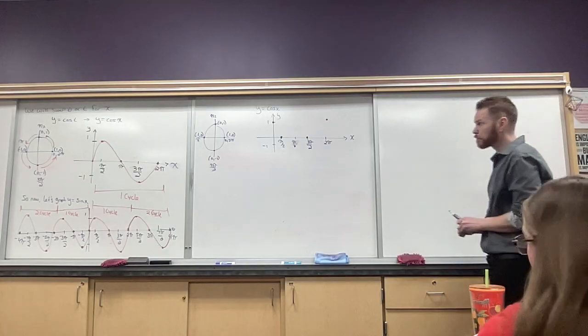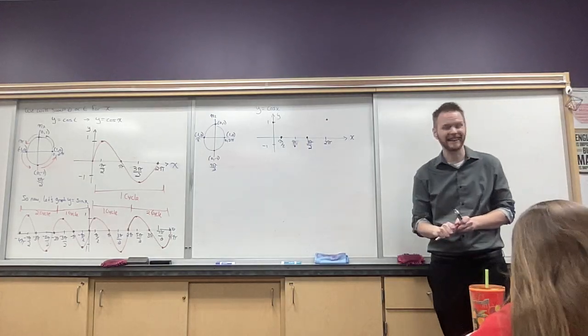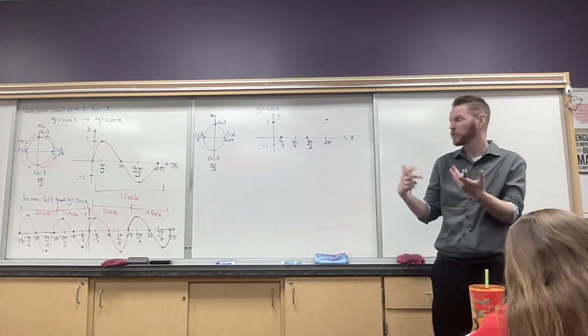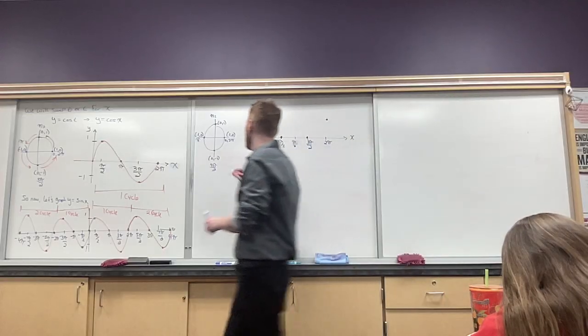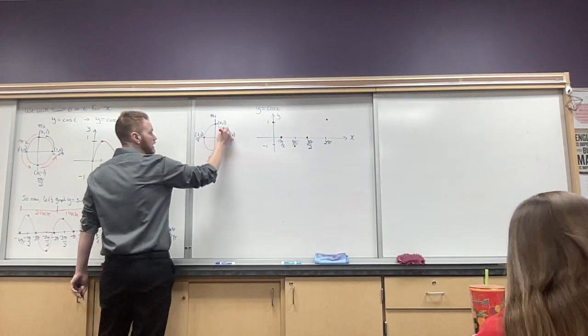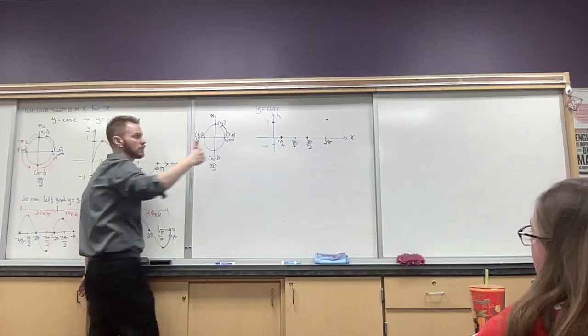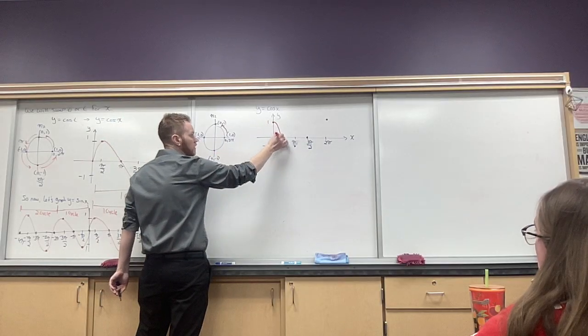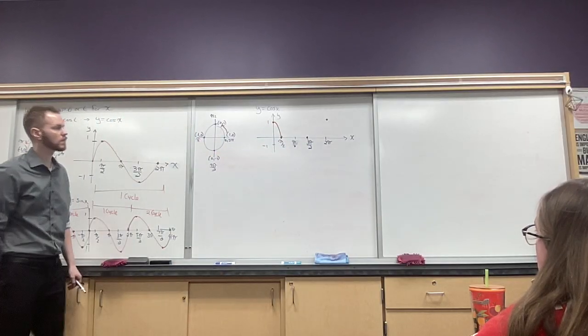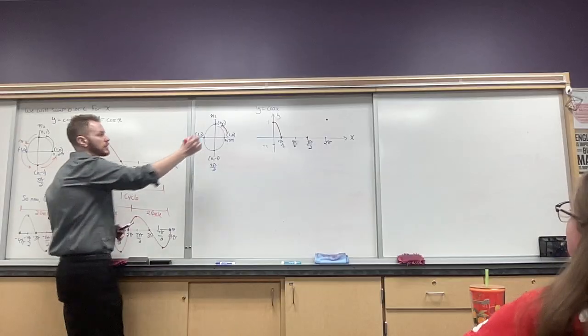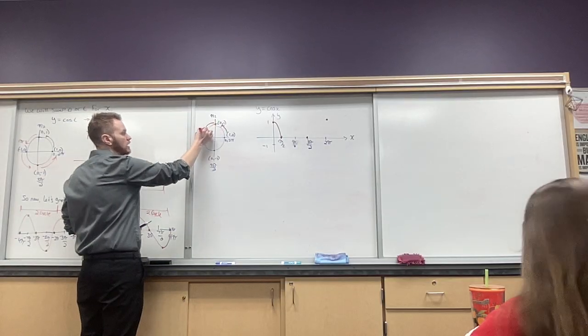Now graphing it, you could probably tell how to connect the dots, but we'll use the unit circle to decipher what's happening. So cosine starts at 1 and then goes to 0, so it must be decreasing. So from here to here, we're decreasing. And then it's at 0, now it's going to negative 1.